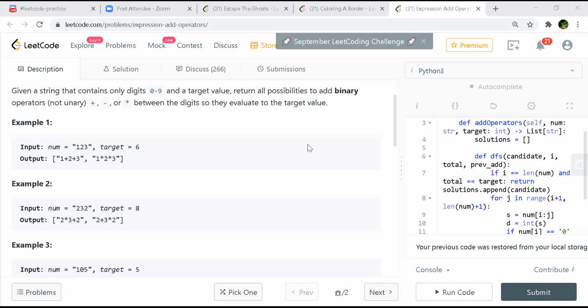So if we take first one digit, and then we can keep on incrementing. The first number can have any number of digits, and then we apply either plus or minus, and whatever is the remaining string, you do it again recursively.